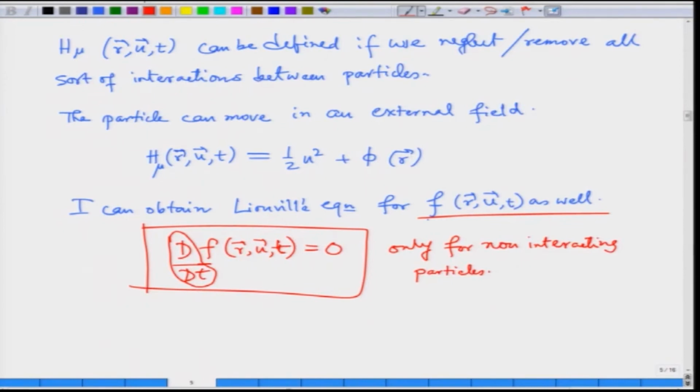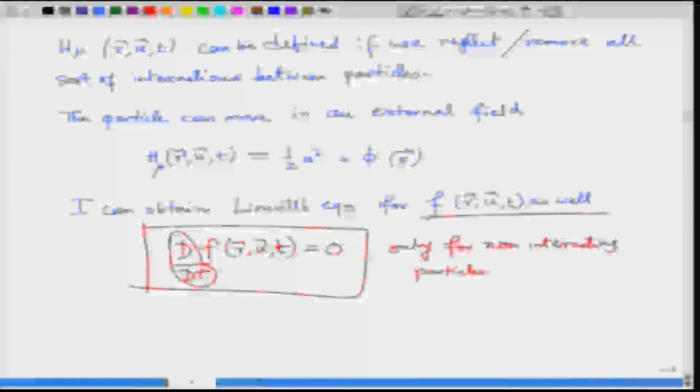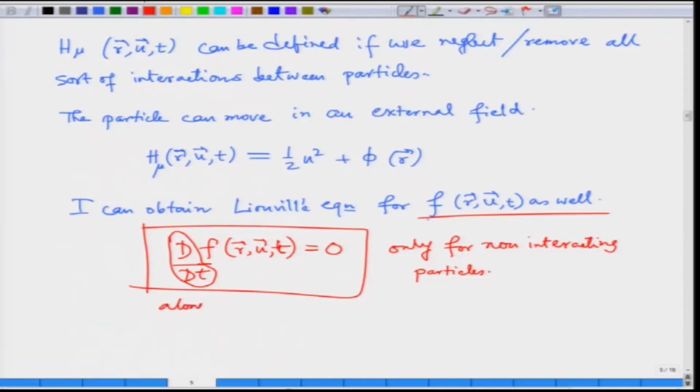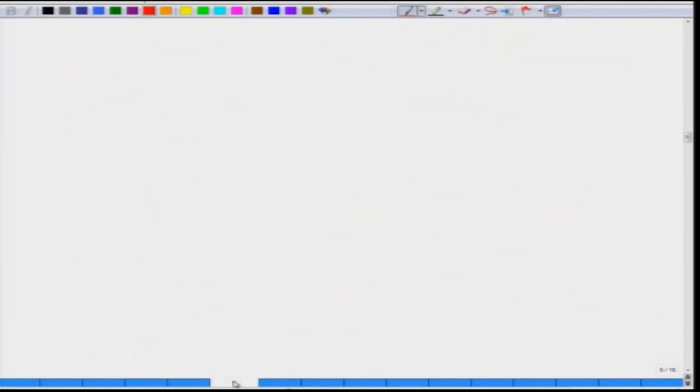Here d/dt has a separate meaning. Here d/dt simply means that we are following the trajectory of evolution of one single particle, because every single particle has one single particle state, that is it. This one, you know that this is evident to write.